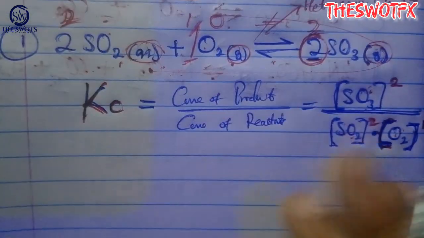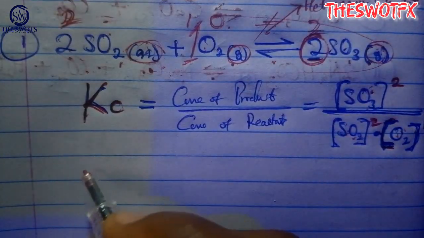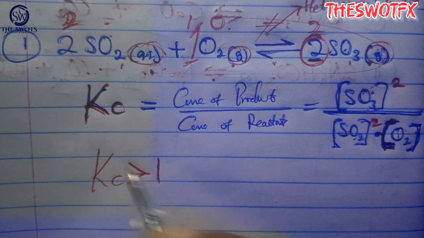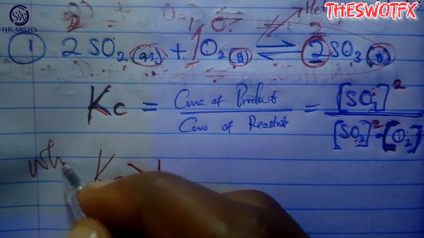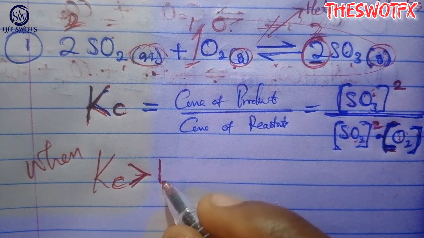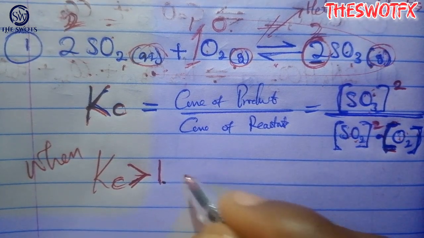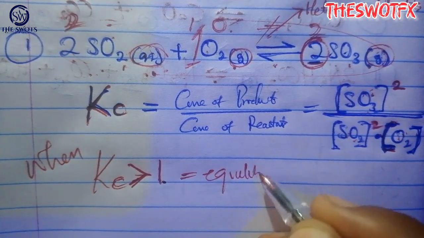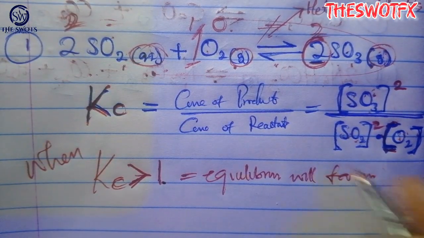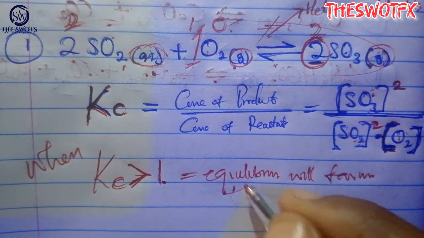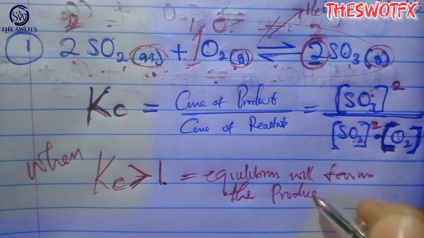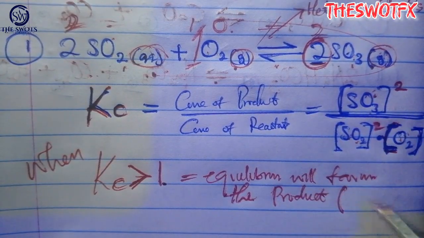When you evaluate and your Kc is greater than 1, it simply means that the equilibrium will favor the product, and you should know that product is the forward reaction.